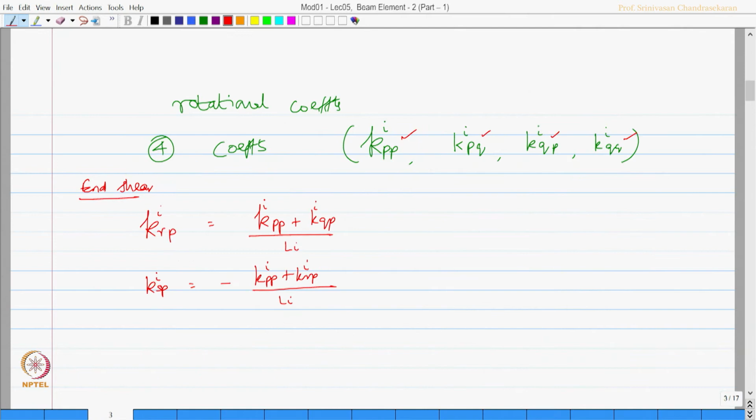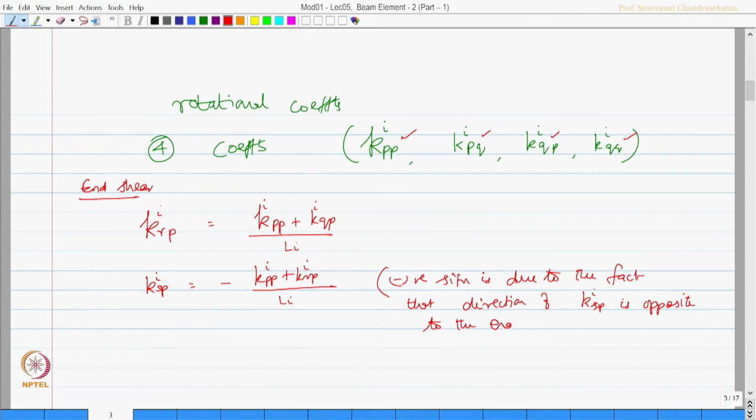Okay. So, now the negative sign in this case is due to the fact that the direction of K S P is opposite to the end shear developed by the restraining moments.